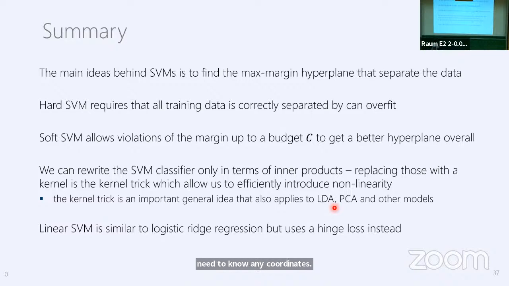As long as we have a kernel which tells us how similar xi is to xj, we can apply SVMs. This kernel trick is very important and can be applied to many other models. Finally, we saw that linear SVM is also equivalent to logistic ridge regression, but the only difference is that instead of the logistic loss, we use the hinge loss, which when plotted next to each other actually looked very similar. All right, do you have any questions on SVMs?